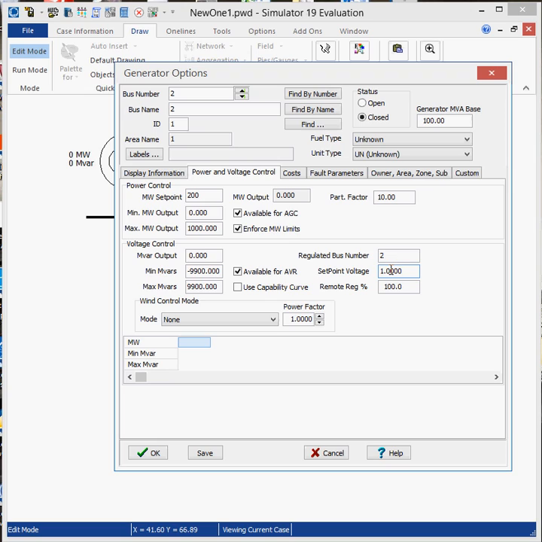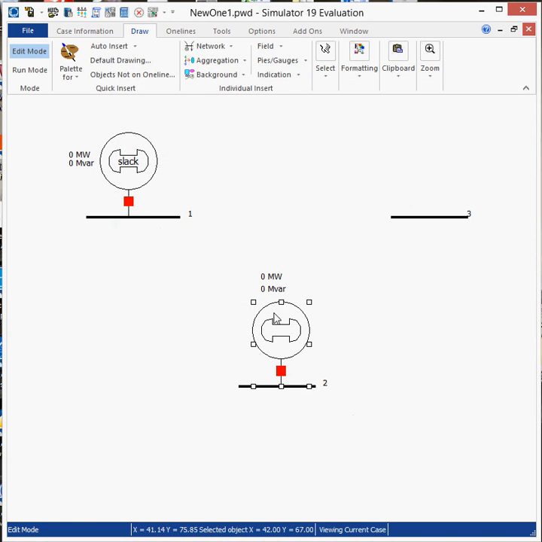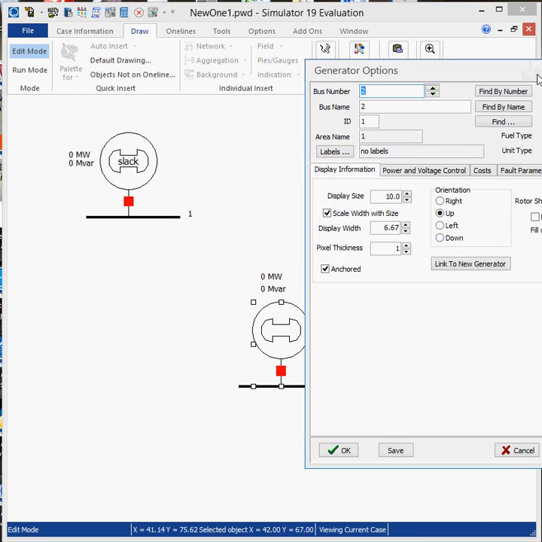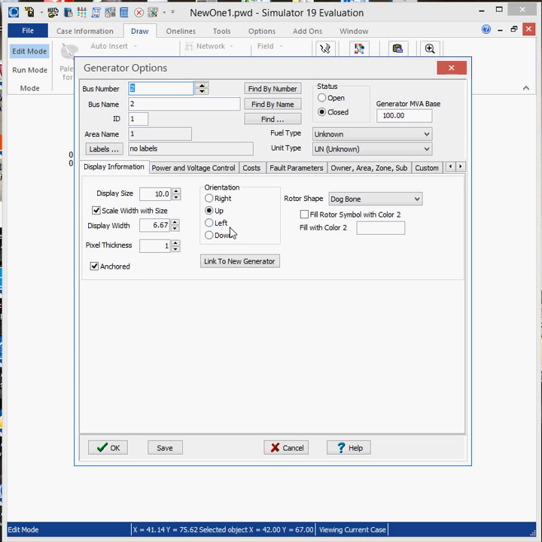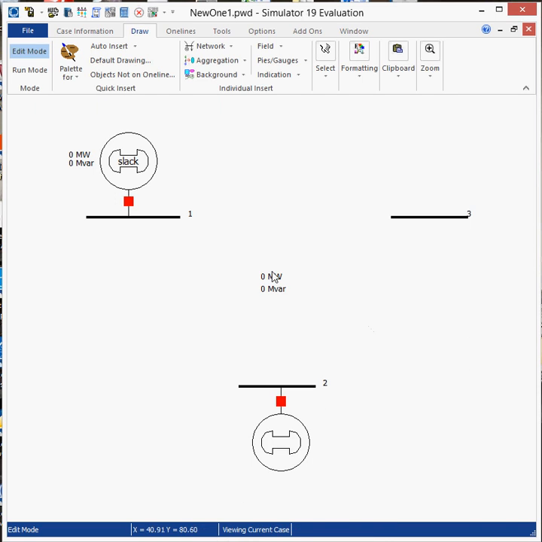Okay, put that here. Just leave the rest and click OK. Or you can actually change it like this.